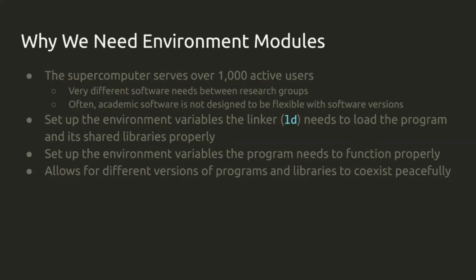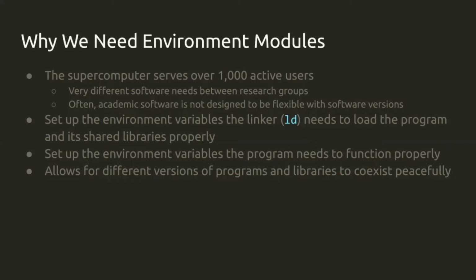Unfortunately, it's pretty common to see situations not very far different from that toy example, where different software from different research groups is fundamentally incompatible. Environment modules are going to help us get all of the software from the different research groups to play nicely and coexist peacefully.